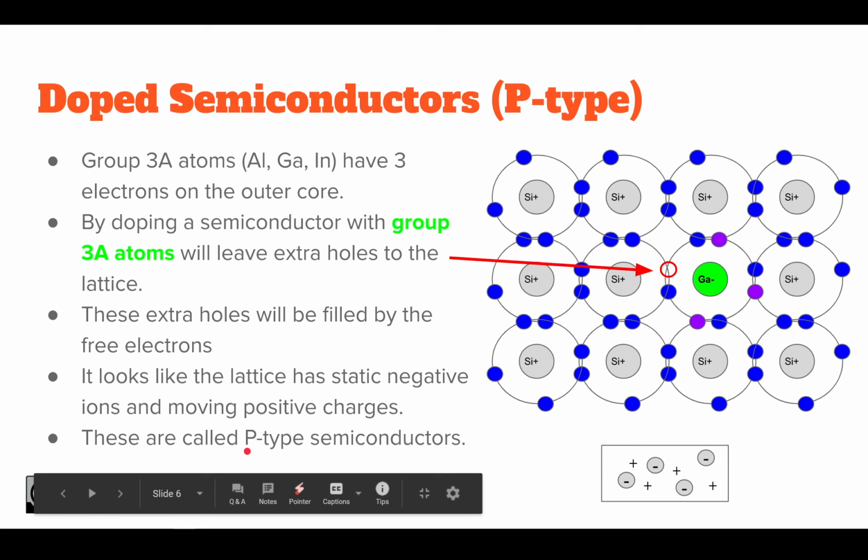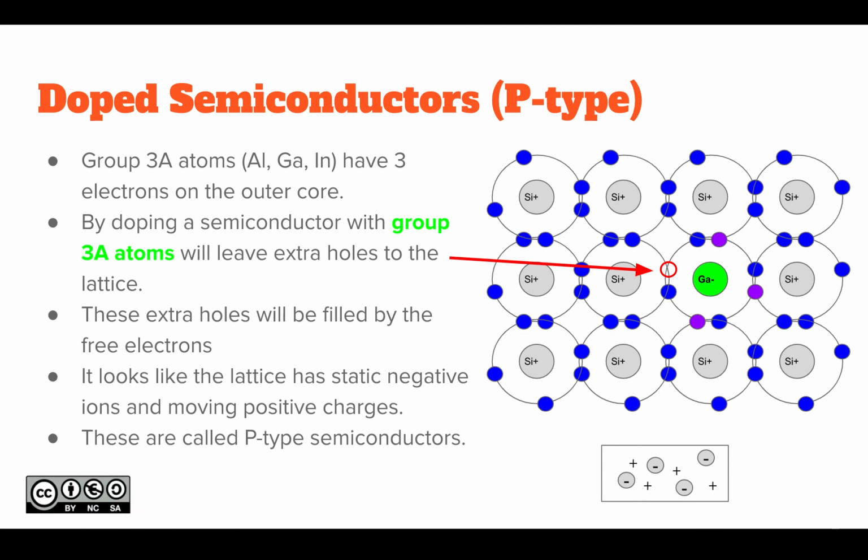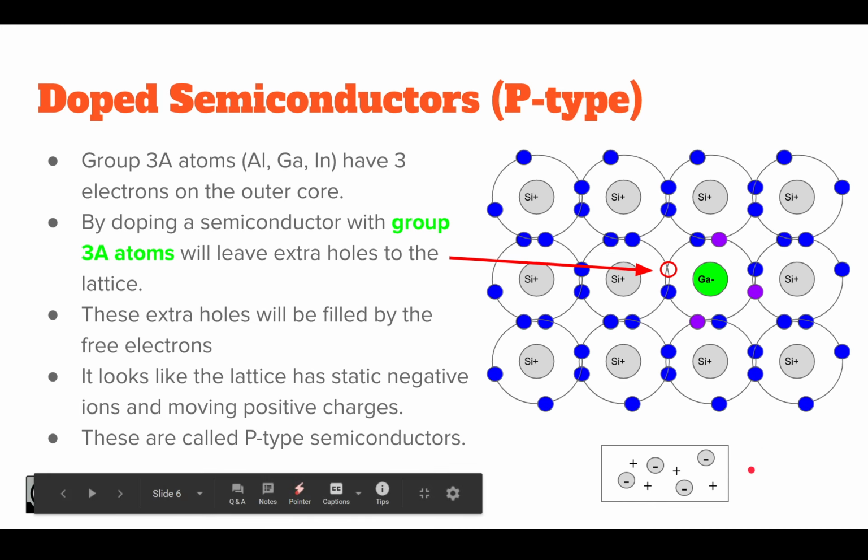So N-type has negative charge carriers, electrons, and P-type has positive charge carriers, namely holes. And in the model, there are static negative ions.